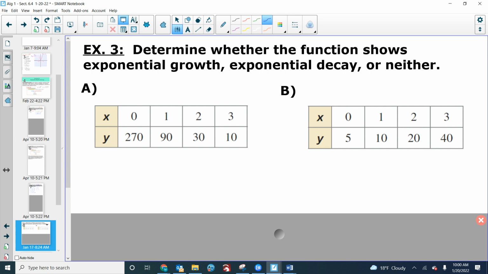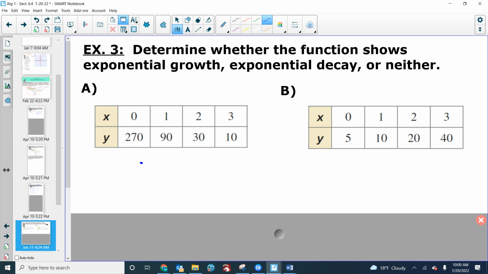Good. How do we get from 270 to 90? It's always multiply. Multiply by 0.3. Yeah, let's write it as a fraction. Do you guys know how to do that in your calculator? Yeah, second PRV. So do 90. It's always new divided by old.